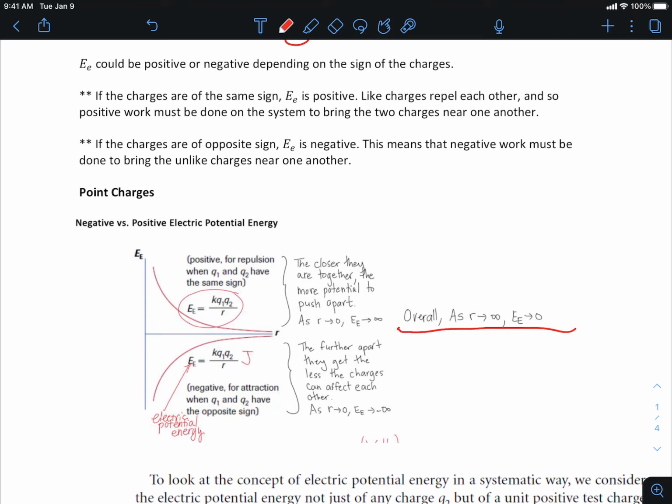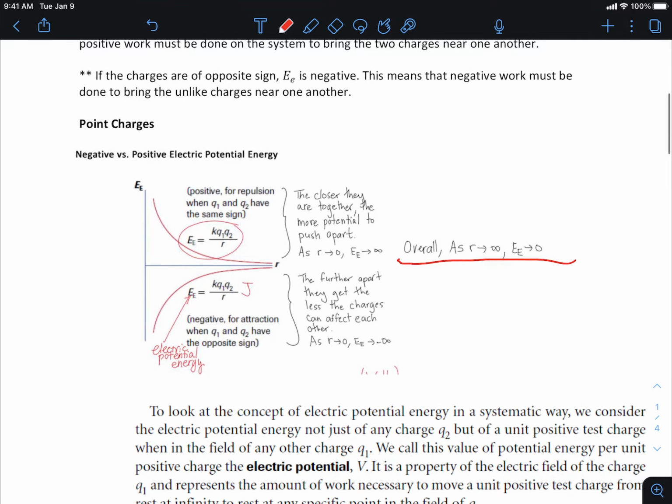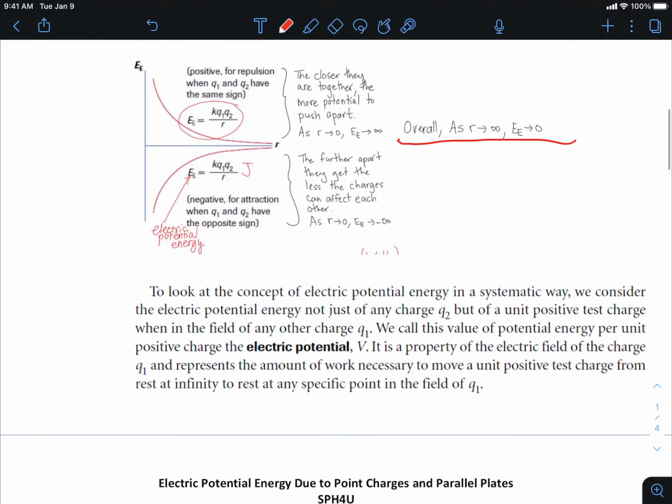So electric potential, down here in this paragraph now, represents the amount of work necessary to move a unit positive test charge from rest at infinity to rest at any specific point in the field of Q1.